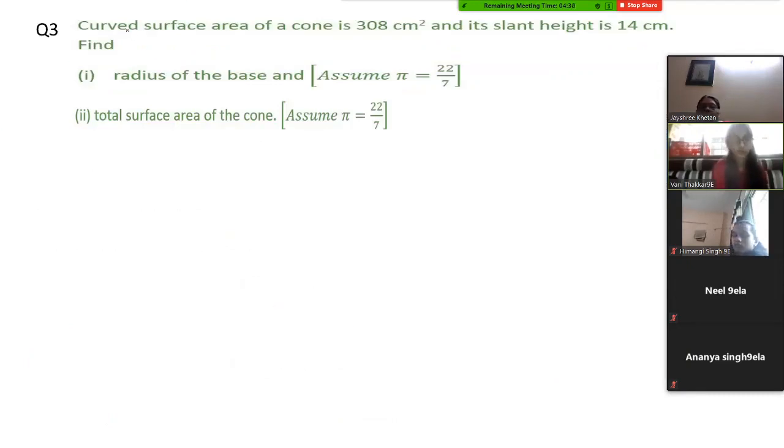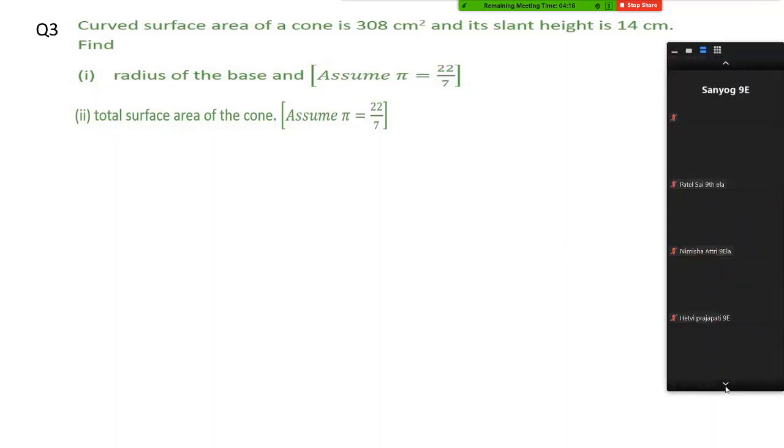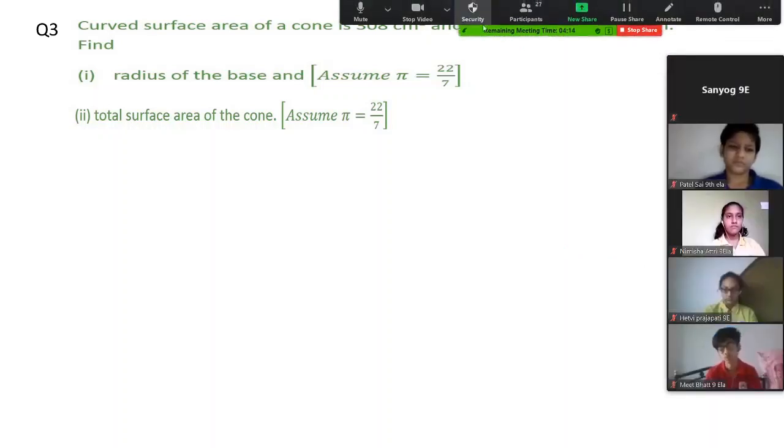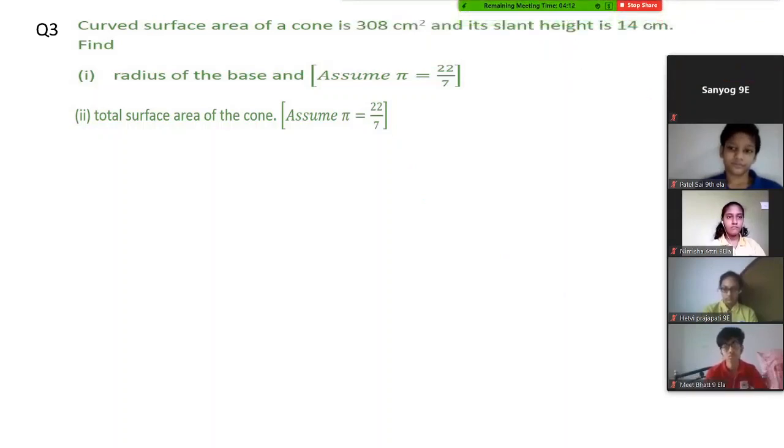Now, third question. Curved surface area of a cone is 308 centimeters square. So, what you are given here? CSA of the cone is already given to you. And its slant height is 14 centimeter. Find the radius of the base and TSA of the cone. So, we use the formula.